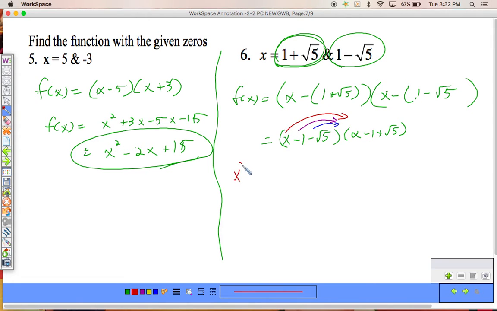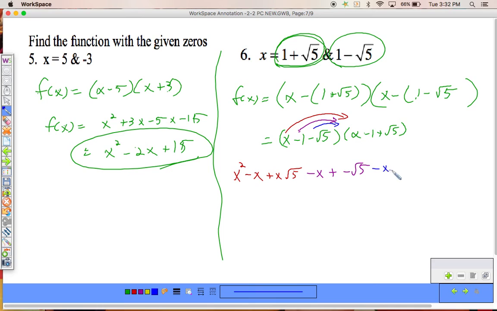X times x is x squared. X times negative 1 is a negative x. Plus x square roots of 5. And hopefully, if I do this right, my square roots are going to disappear. Negative 1 times x is negative x. Negative 1 times negative 1 is a positive 1. Then minus the square root of 5.